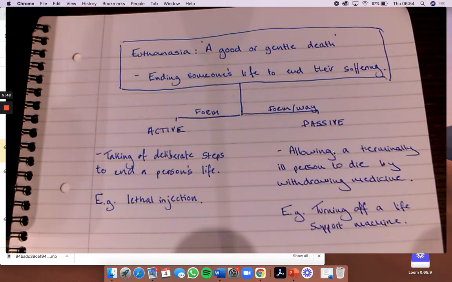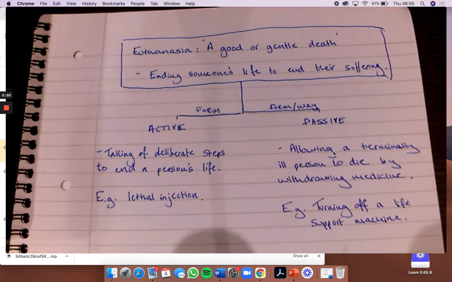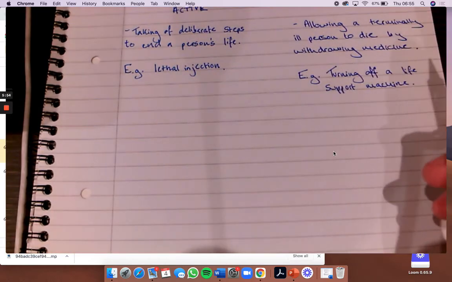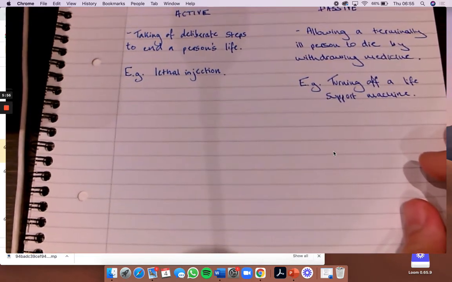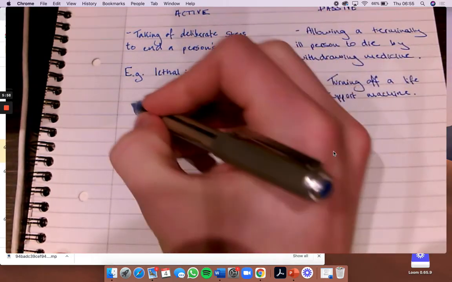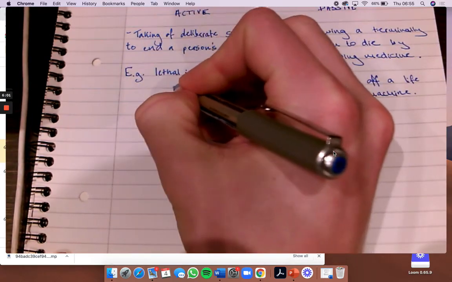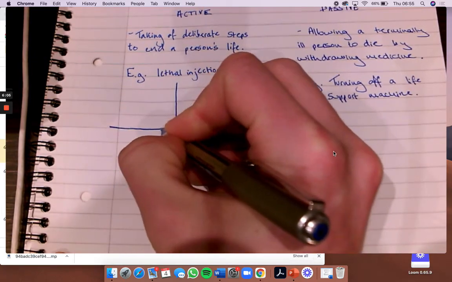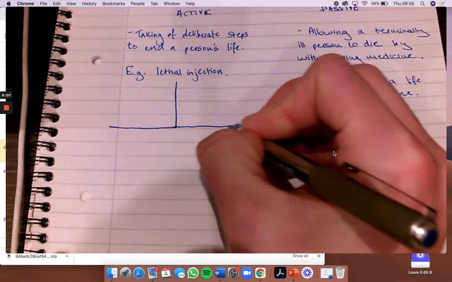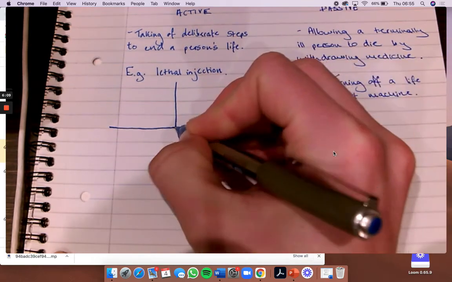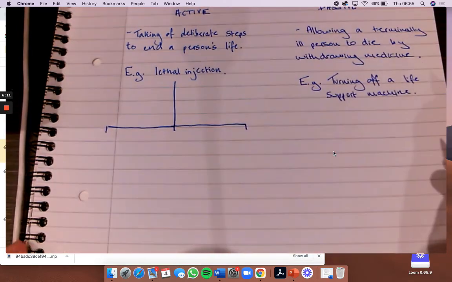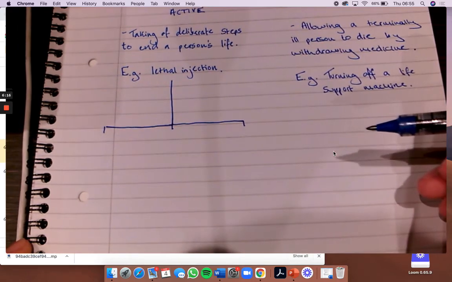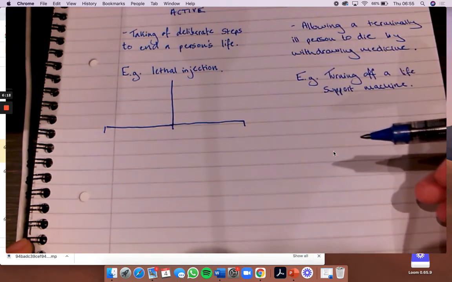However, it's important to recognise, and this is where one of our misconceptions was, that there are 3 types of active euthanasia. Can anyone remember what one of these types is? Brilliant.